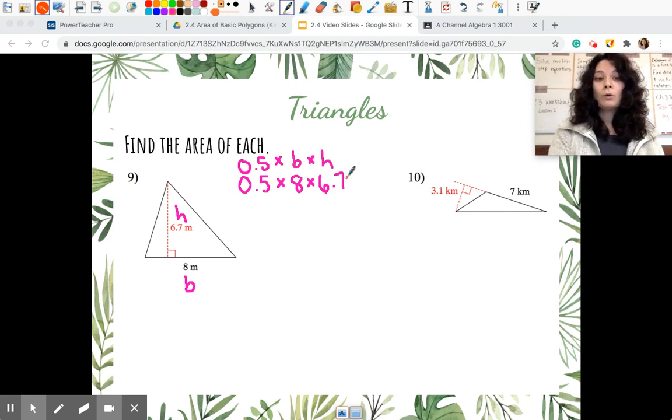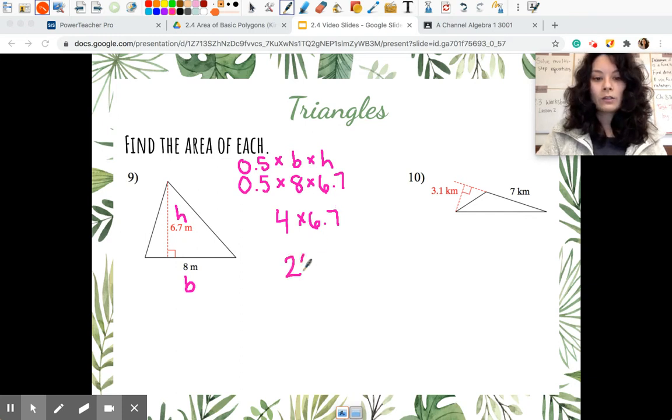And then I'm just going to multiply left to right. 0.5 times 8 will give me 4. 4 times 6.7 will give me a final answer of 26.8, and I'm just going to include my meters squared. I got to include my units.